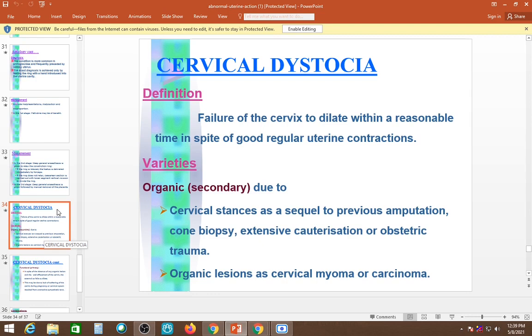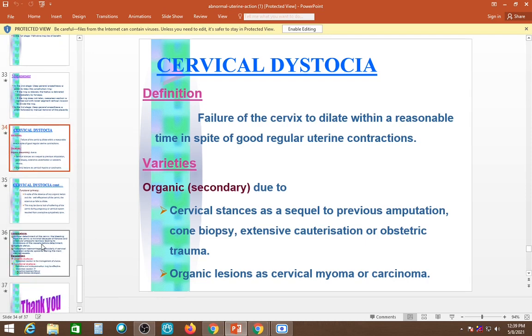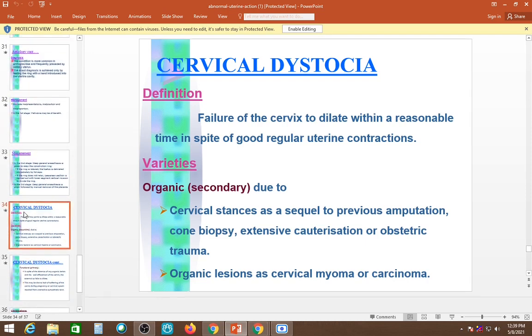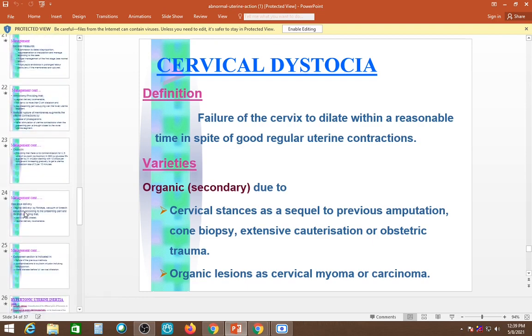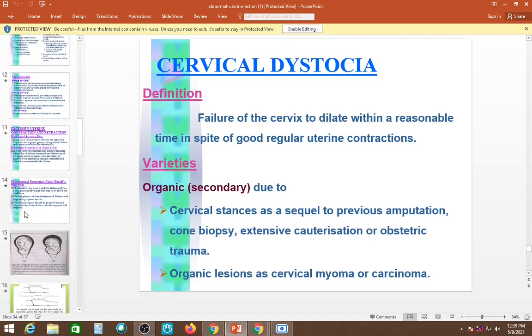All those things come under the different types of abnormal uterine contractions, and we already discussed their management. So please study, then I will give you a test on this.